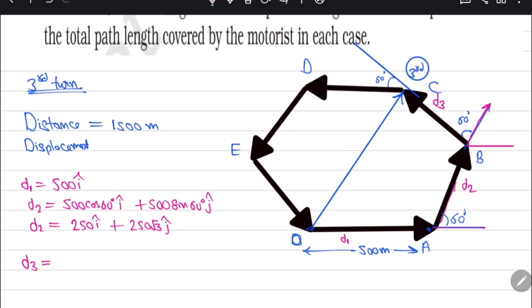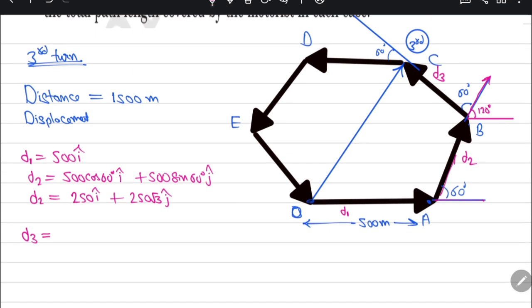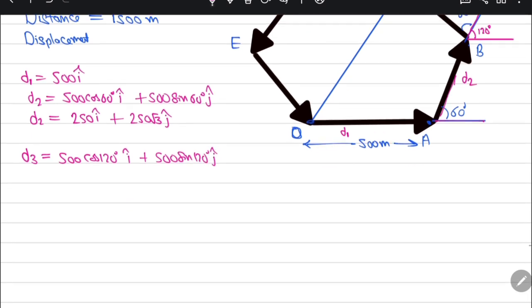Now we find d3. Let this be our d3. If this angle is 60 degrees, then this is definitely 120 degrees. So d3 is 500 cos 120 degree i cap plus 500 sin 120 degree j cap.